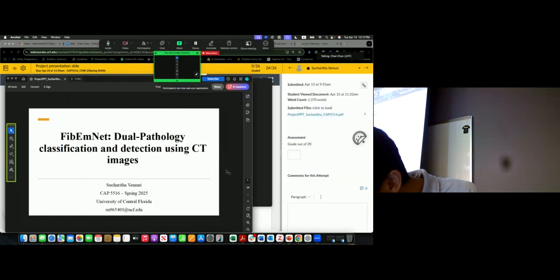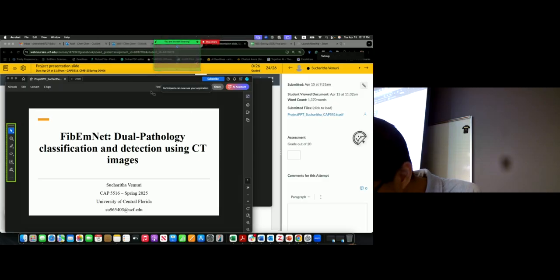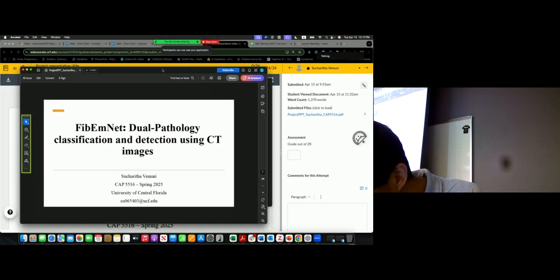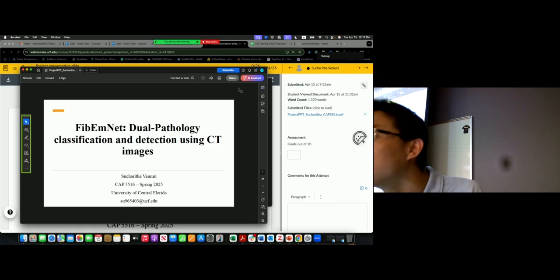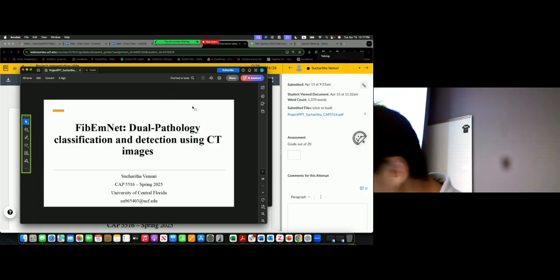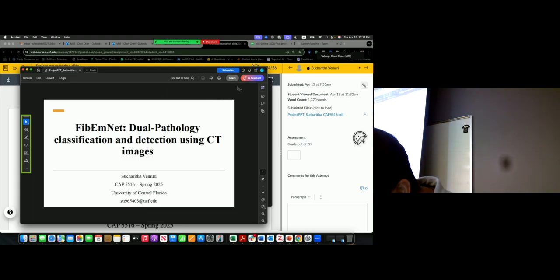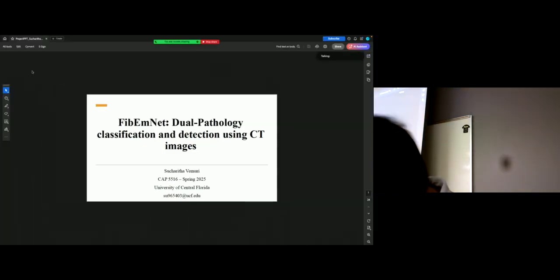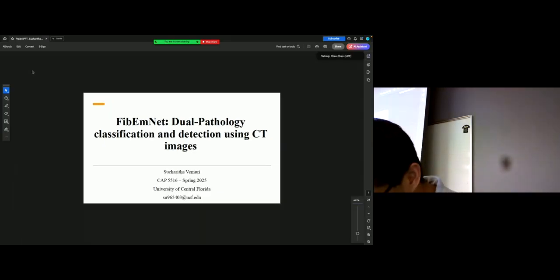How do we do the slideshow? What is this? Anyone knows? Which one? Like maximize the screen. This one? But still small, okay.